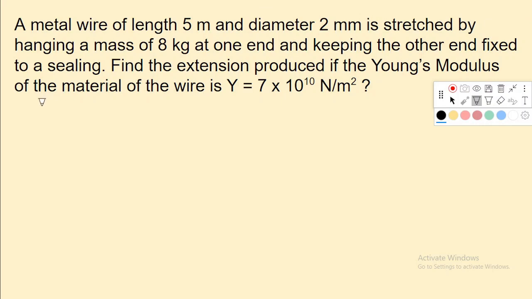Here we have the metal wire of length 5 meter. So the original length L is equal to 5 meter, and the diameter is given. So small d is equal to 2 millimeter.